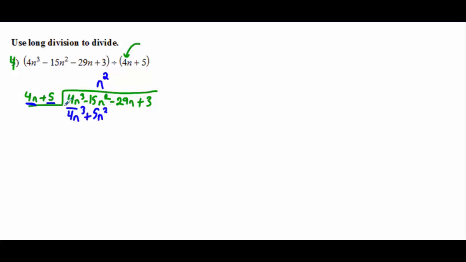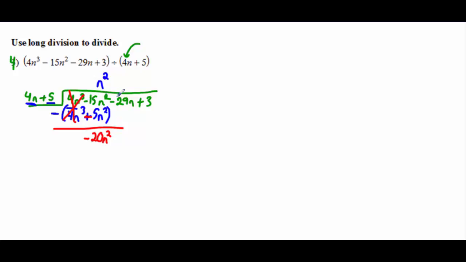But what we want to do is subtract both of these things because we want them to cancel. 4n cubed minus 4n cubed cancels, and then that negative makes this minus 5n squared. So I'm going to do negative 15n squared minus 5n squared and get negative 20n squared.